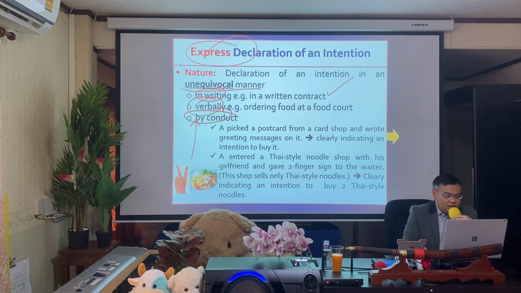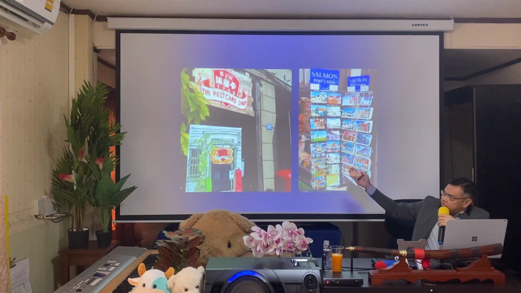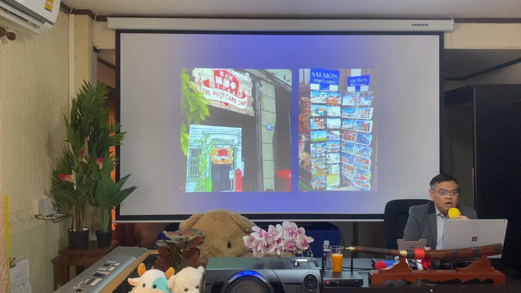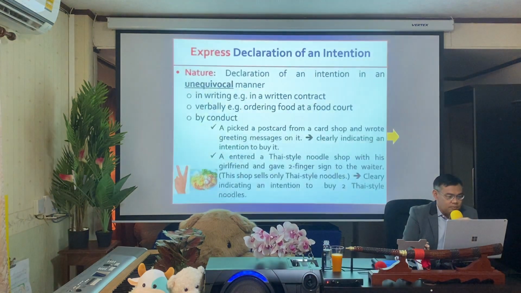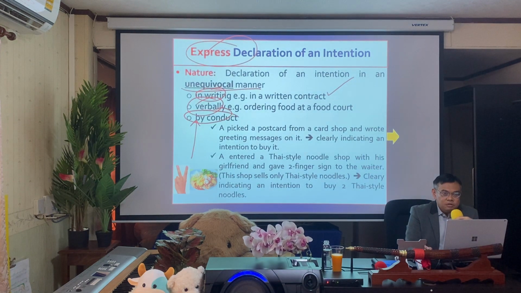So let's suppose that we have a postcard shop. A postcard shop, of course, sells postcards. Let's suppose that somebody goes to this postcard shop and picks up one postcard.